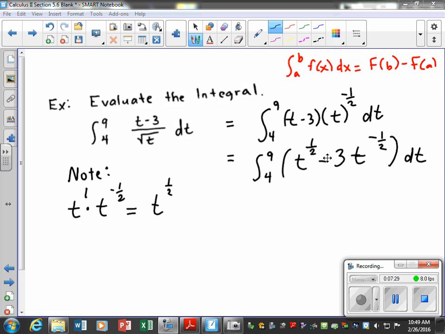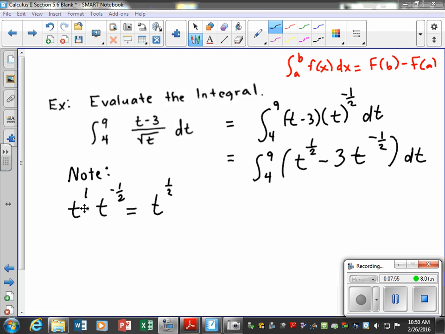Okay, before we get too far, first of all, I just wrote my theorem up here. Second thing I told you to do was just rewrite. Let's rewrite this problem algebraically. We bring this to the top and rewrite it as a negative exponent. Now, we still want to do a little more algebra to that. I went ahead and multiplied this times each term in here, so I distributed it out.